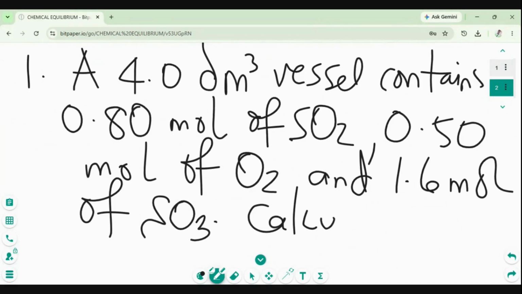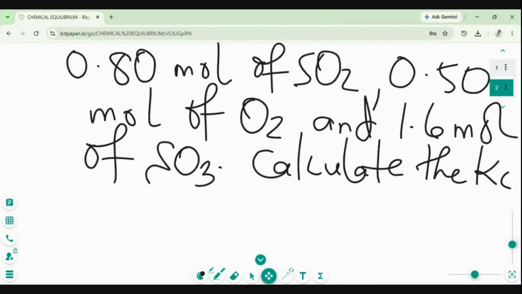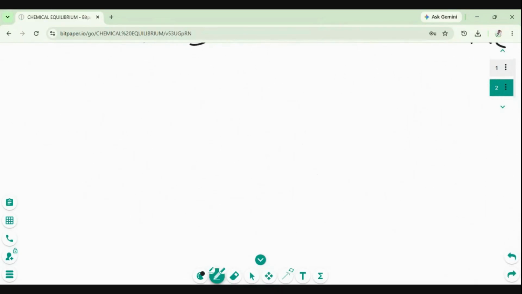Calculate the Kc. So this is the one I did as case 2, I guess. Case 2, where you only have the moles at equilibrium. Okay, number 2, when you have initial moles and the moles that reacted, probably.